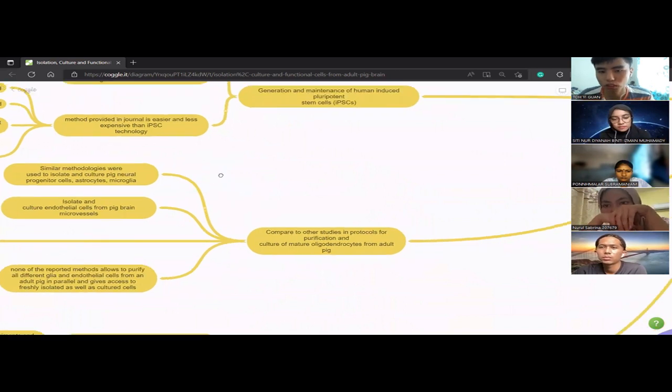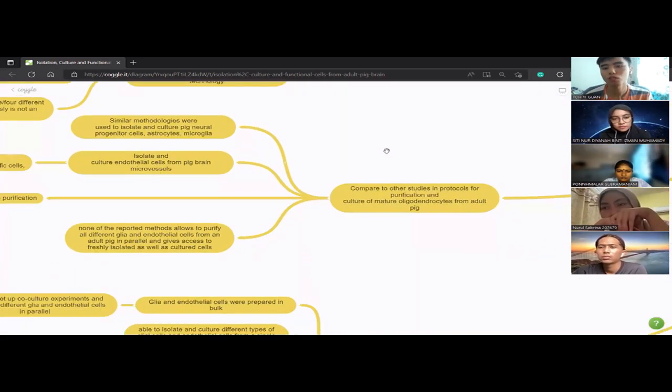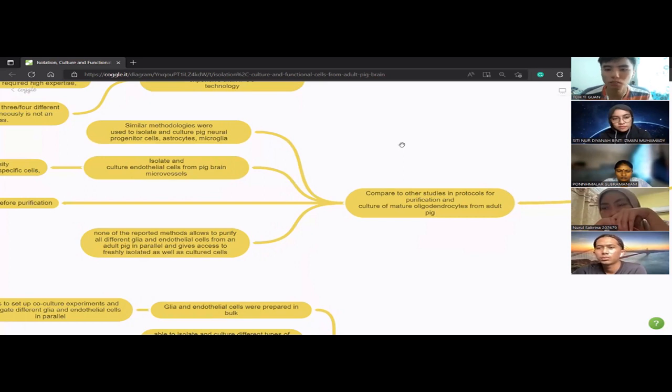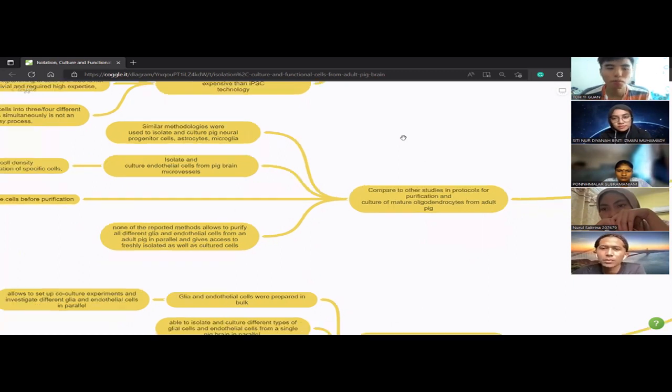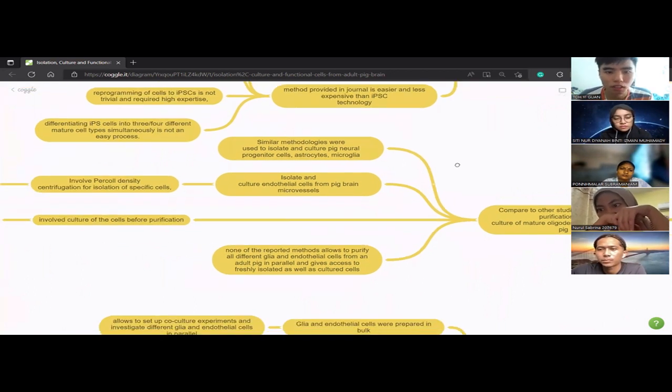So the third part of the discussion is about comparison to other studies and protocols for purification and culture of mature oligodendrocytes from adult pig. It stated that there is a lot of similarity in other studies in the methodology used to isolate and culture the pig neural progenitor cells, astrocytes, and microglia.